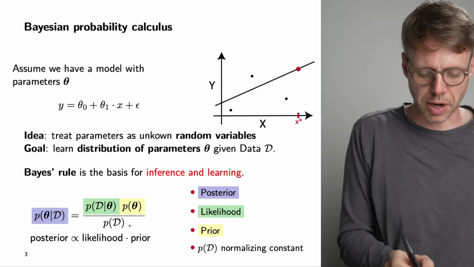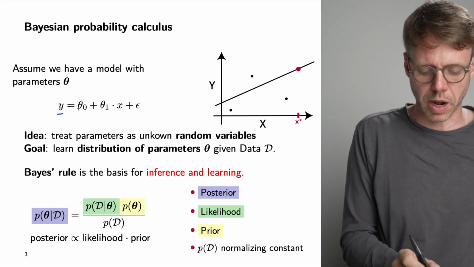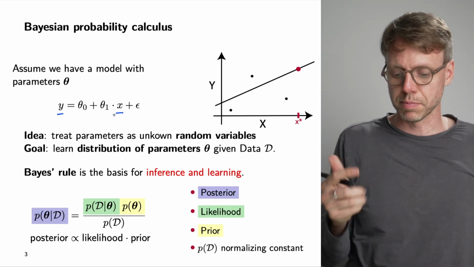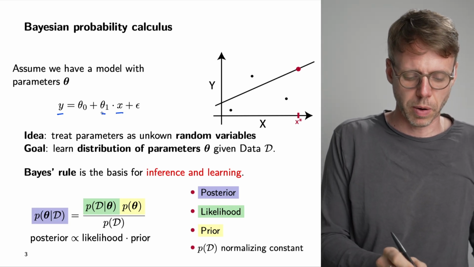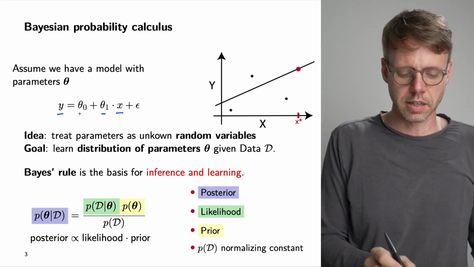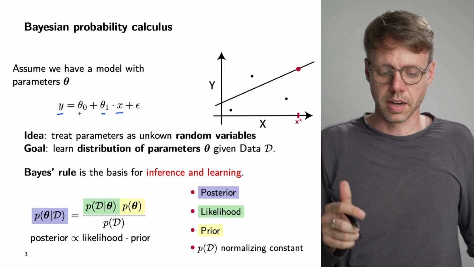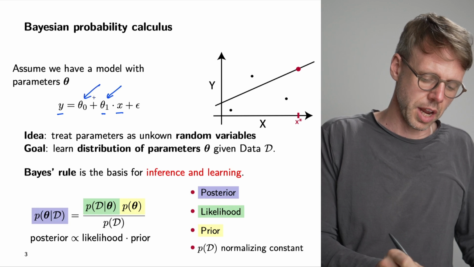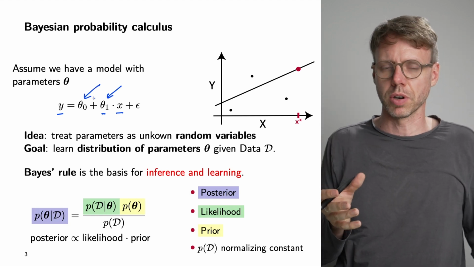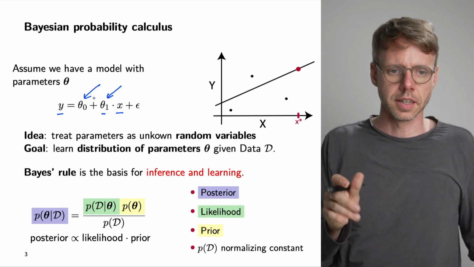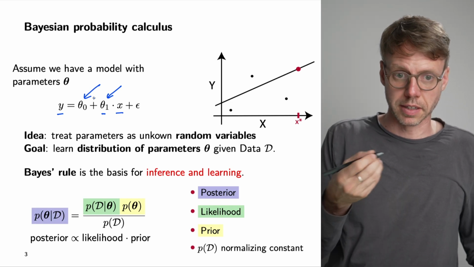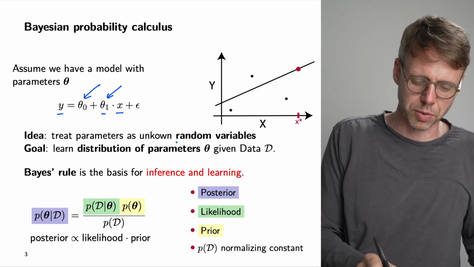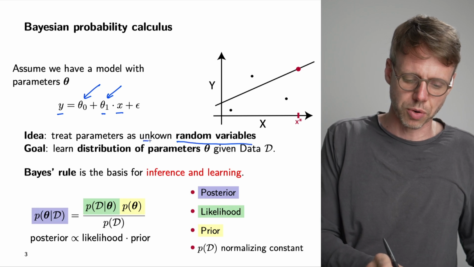Say we had a linear regression where we say that y is x, the input, times a weight plus another weight. Then we have two unknown parameters of this linear regression model. Bayesians would treat these as random variables that are unknown.